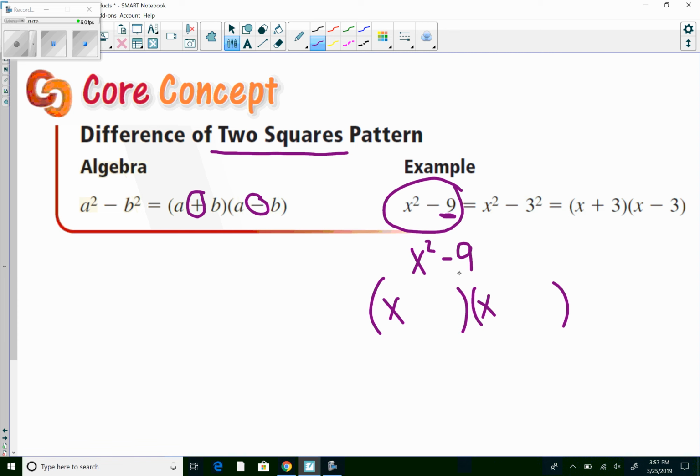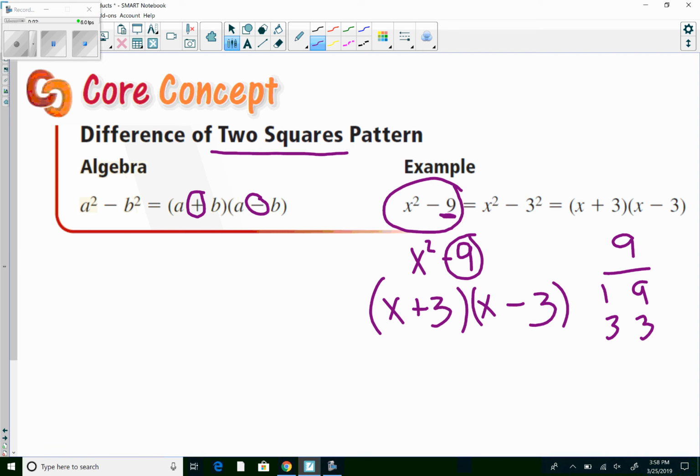First off, notice that we don't have any middle term, which means you have opposing signs: one sign that's positive and one that's negative. The other thing is that this back number has to be a perfect square. When we think of the factors of 9, that's 1 and 9, 3 and 3. So we know that this needs to be positive 3 and negative 3.